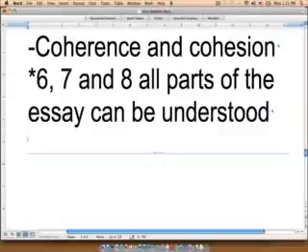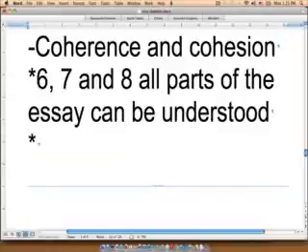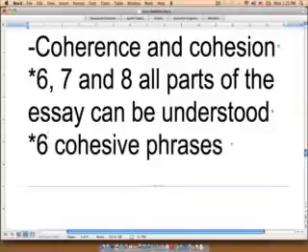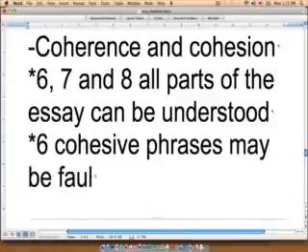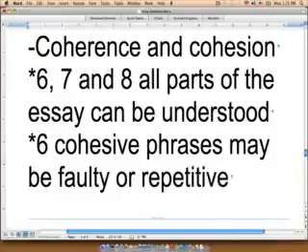Okay, now let's go over what is different between the various bands. So at a 6 level, cohesive phrases may be faulty or repetitive. What this means is that the linking phrases that the student uses to tie their sentences together may not be used very accurately.